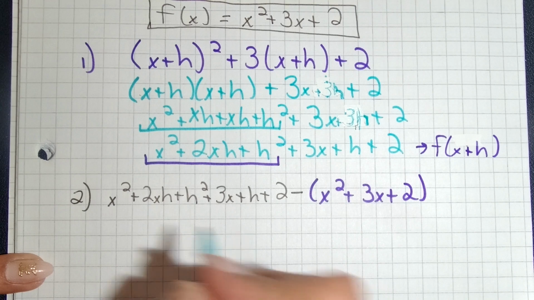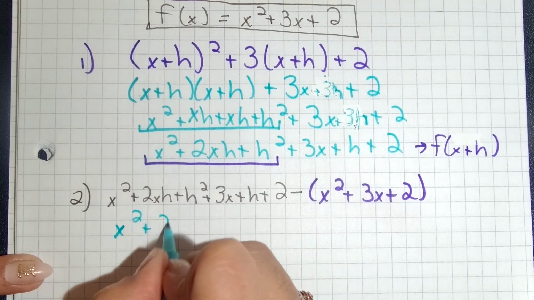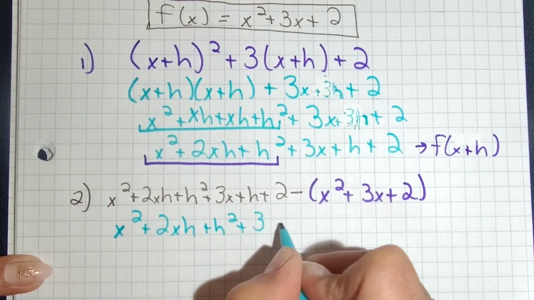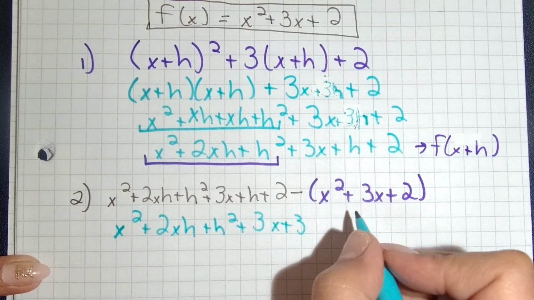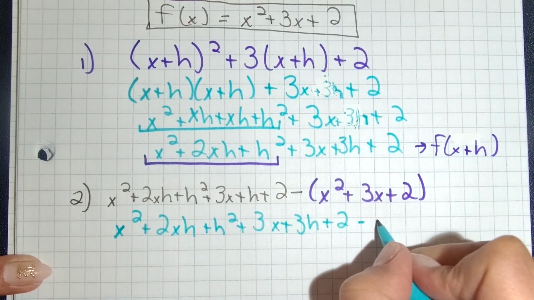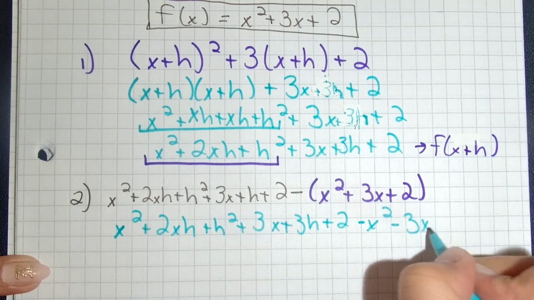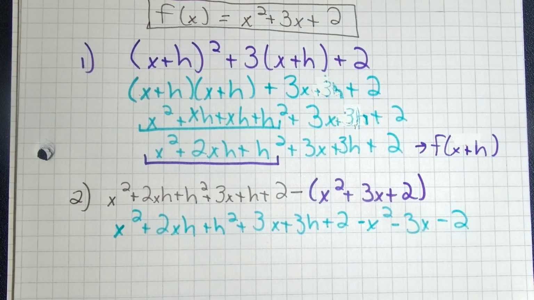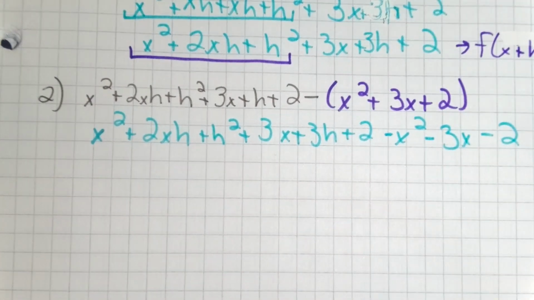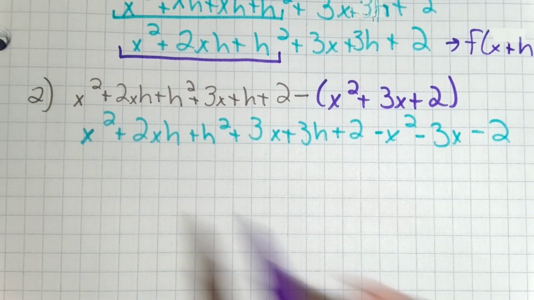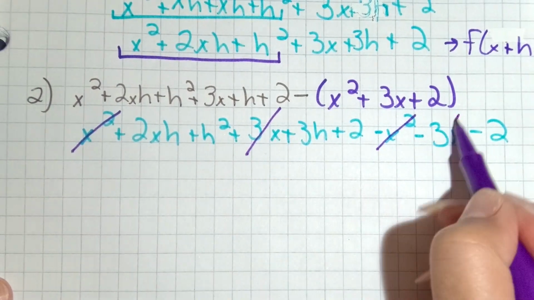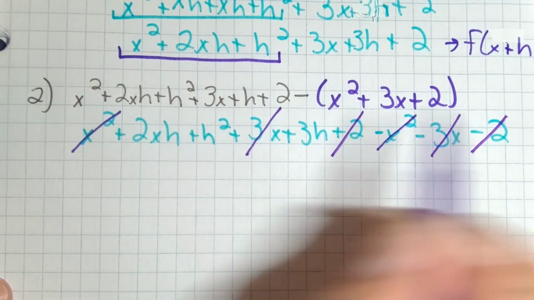Now I'm going to distribute. So I have x squared. I'm bringing down everything else like Brian said. And I'm going to cancel and combine like terms. I can cancel out my x squares. I can cancel out my 3x. I can cancel out my 2's.